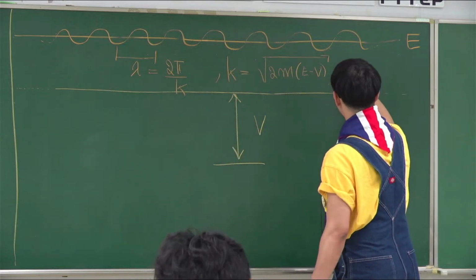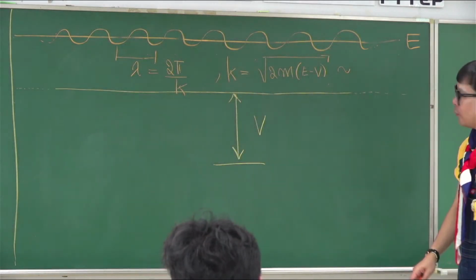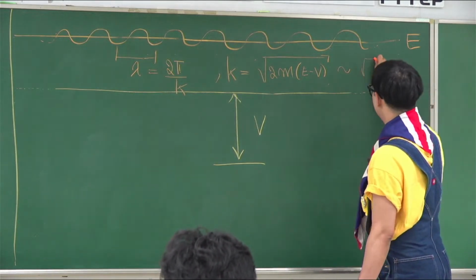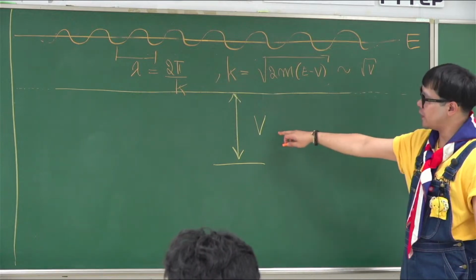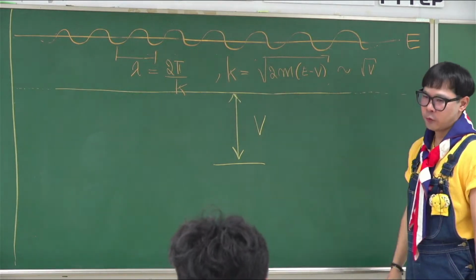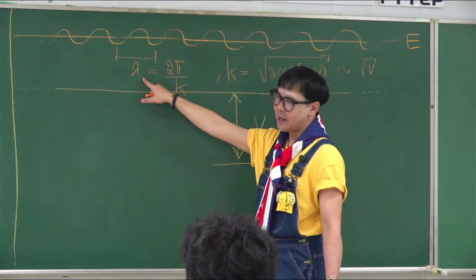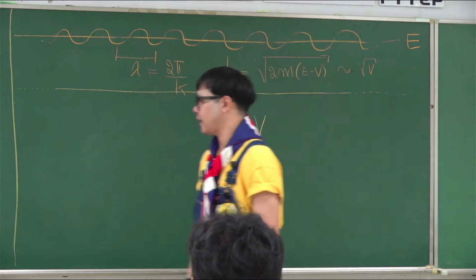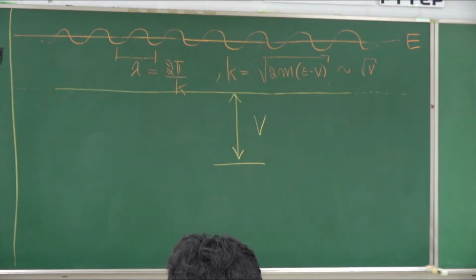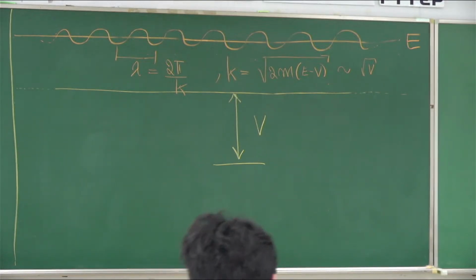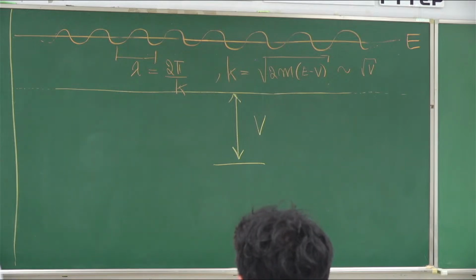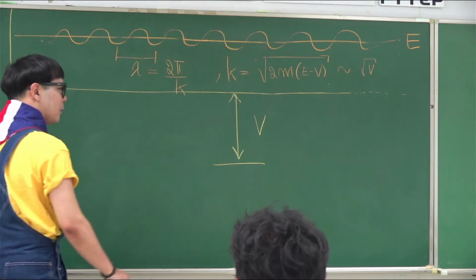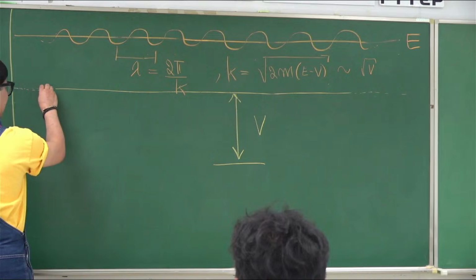You see that this k is proportional to the square root of V. It means that if your V changed, your k would change, and then of course your lambda also changes. That is the thing.